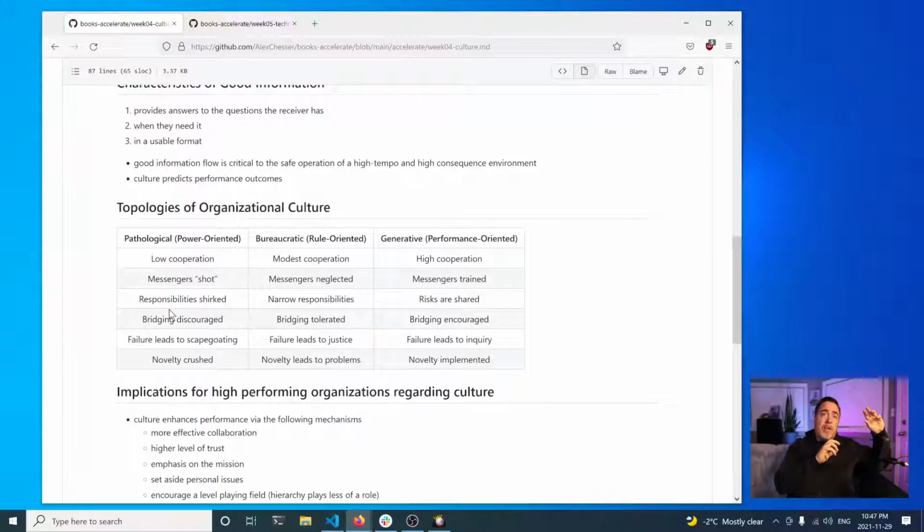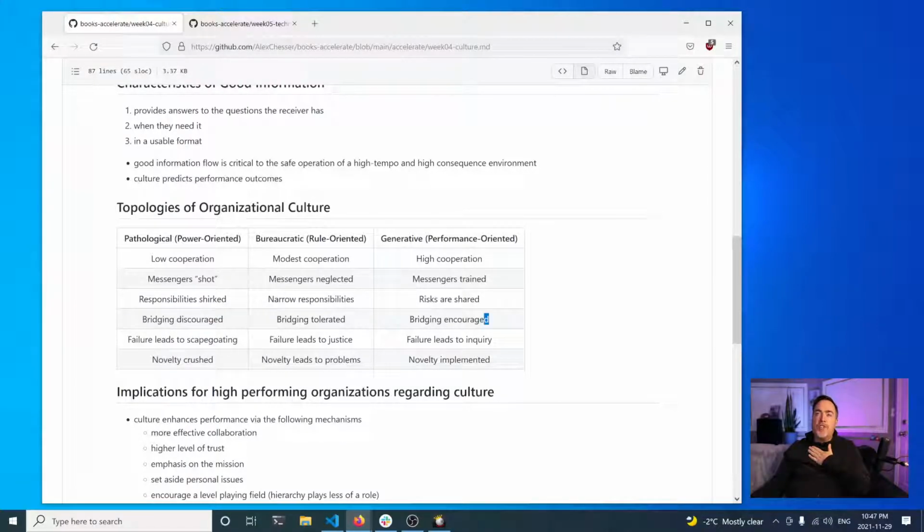So in the power-oriented, you try and throw other people under the bus, whereas in the bureaucratic organization, you carve out your piece and you don't go outside your lines, you stay in your lane. Whereas in the generative organizations, again, very team-oriented cultures, people pull together, and it's less important who is ultimately responsible. Everybody is felt to be equally responsible for the success of the organization overall.